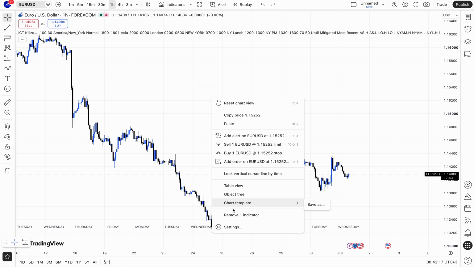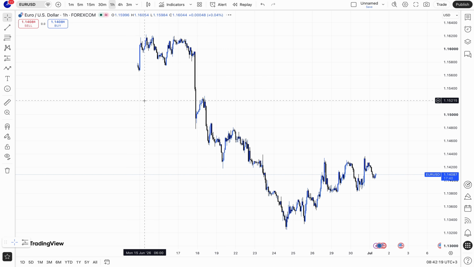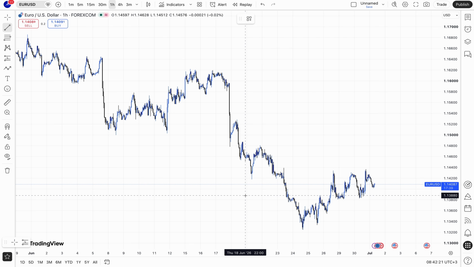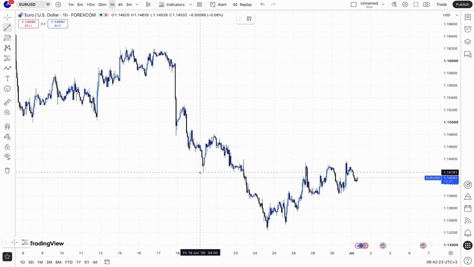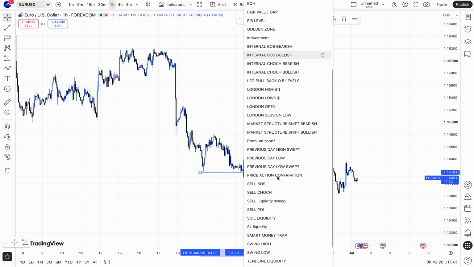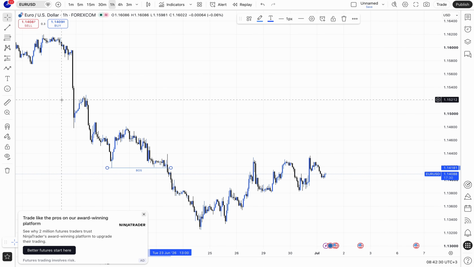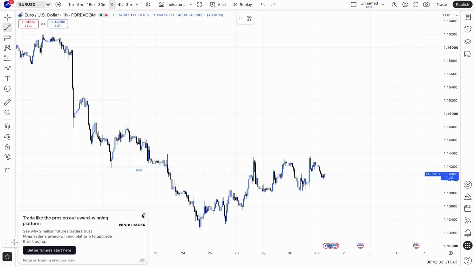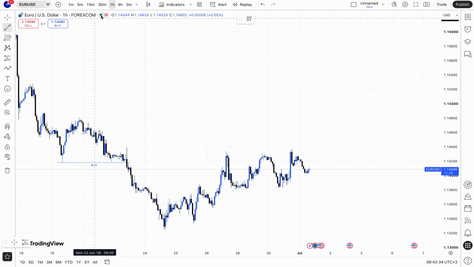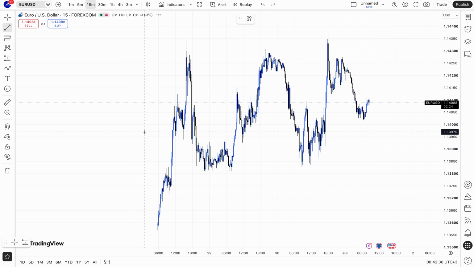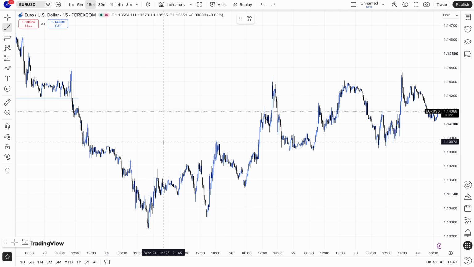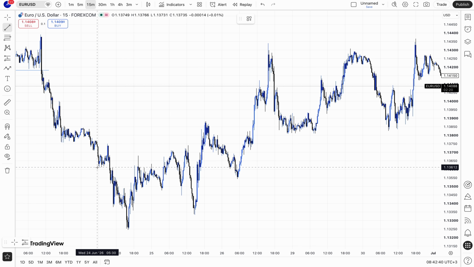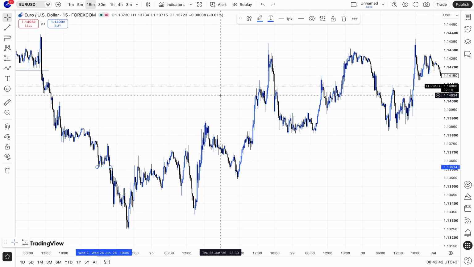You can see from here, we had our break of structure to the downside. From here, break of structure to the downside. Then we shifted to 15 minutes fair value gap, which was here, which is this one.